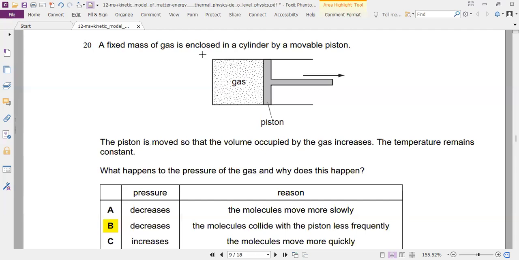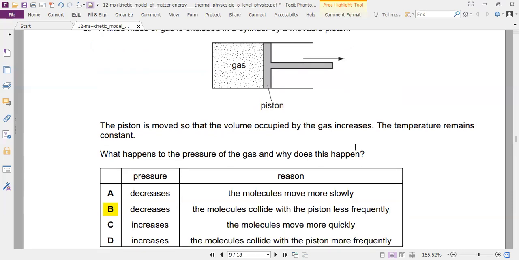So in this question, the piston is moved, volume increased. So when the volume is increased and we keep the temperature constant, the pressure has to decrease because they're both inversely proportional at constant temperature.